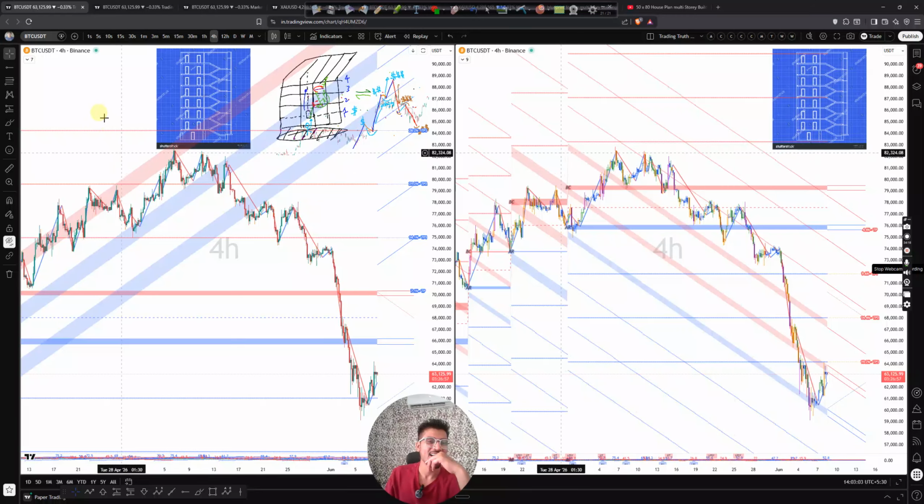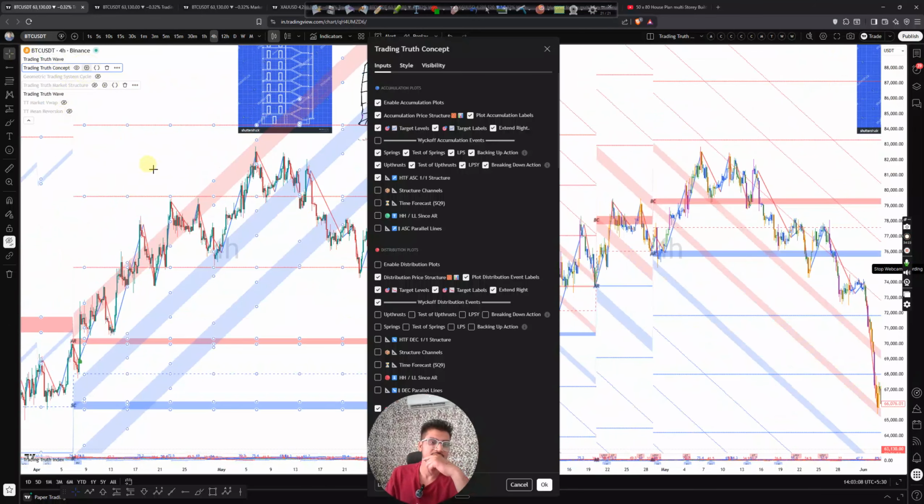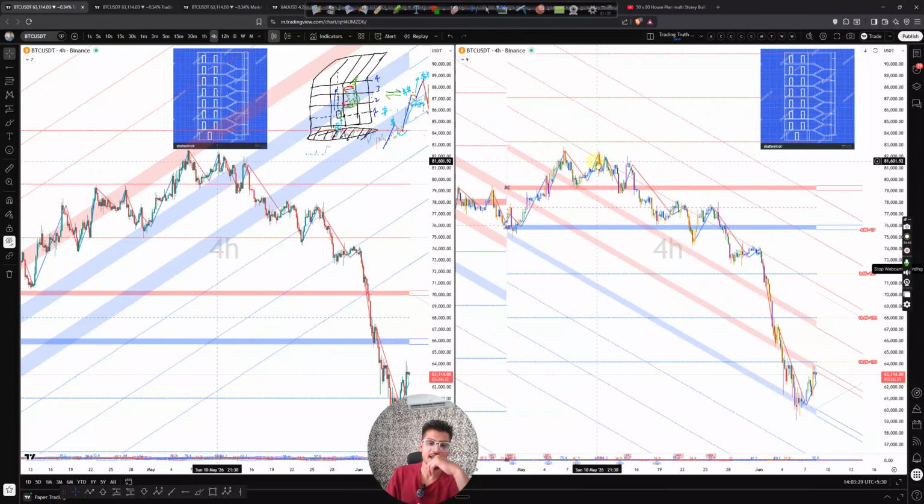Now let's add those parallel lines here as well. You see, when it hits that, boom, the market went up, then it came down from there. You see this midpoint, right? All these events happening in the market have different meanings.